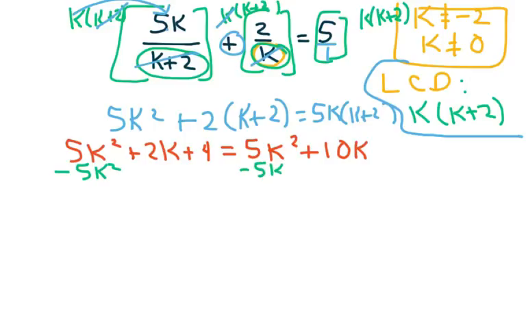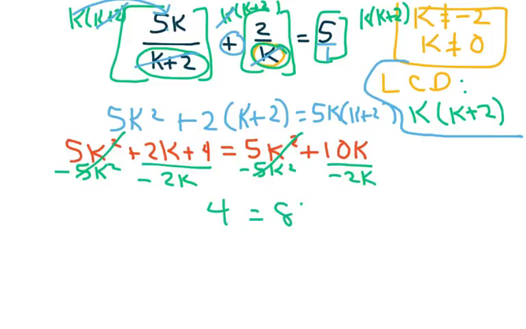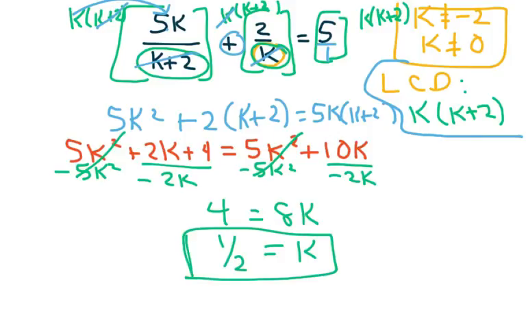They disappear, and then we're left with this part. So I'm going to subtract the 2k from both sides. So I get 4 equals 8k, so k is 1/2. And it doesn't bother our restrictions, so our solution is good.